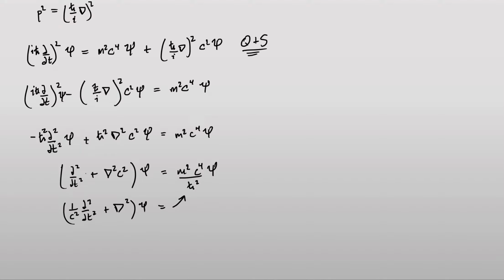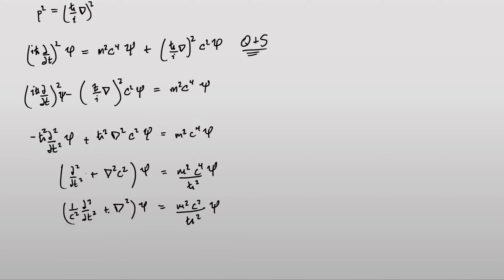I'll just write it. And so that's going to be m squared c squared actually now. That's a good thing I actually wrote it out. It's squared because we're dividing everything out by c squared, right?